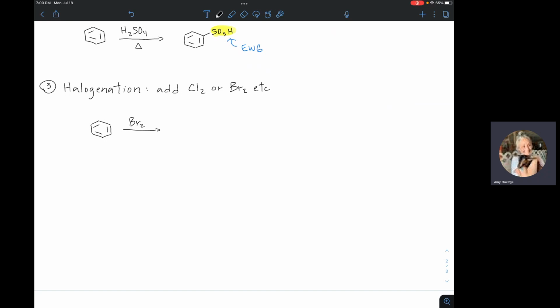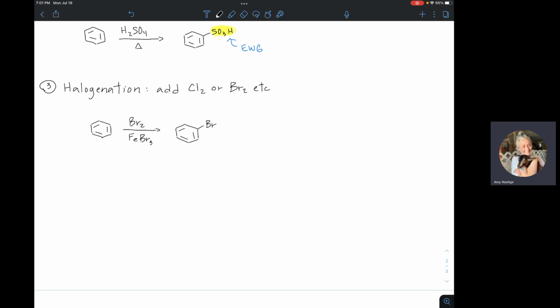But we can use a Lewis acid, and a Lewis acid, remember, is an electron acceptor. So I can use a Lewis acid like this to essentially turn that bromine molecule into a better electrophile. I'll show you what that looks like in a second. We'll just draw out the product here.